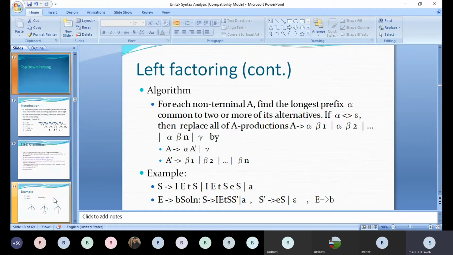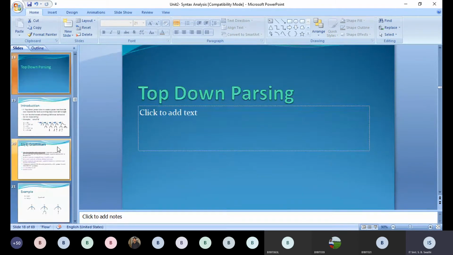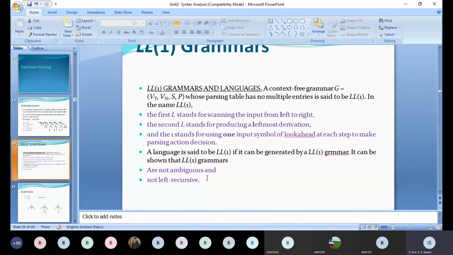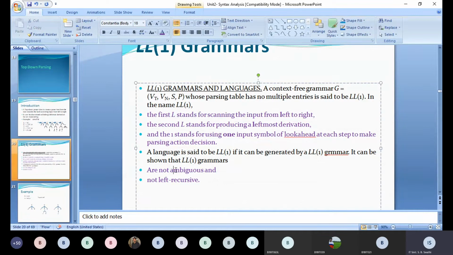So this is what we have done during the previous class. And it should not be ambiguous. One more condition is that there should not be any left factoring. How do you say it is left factoring?